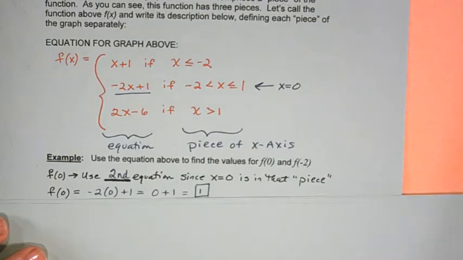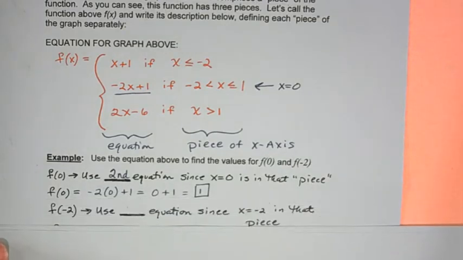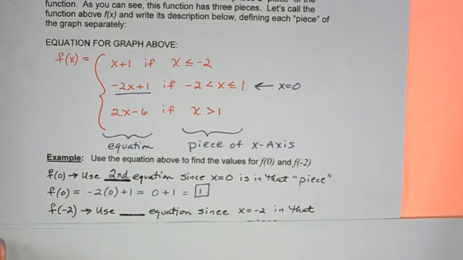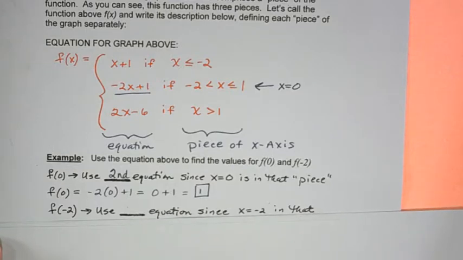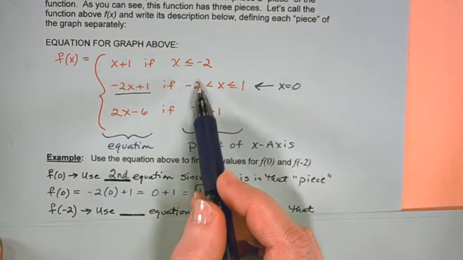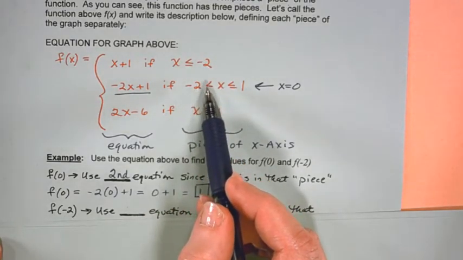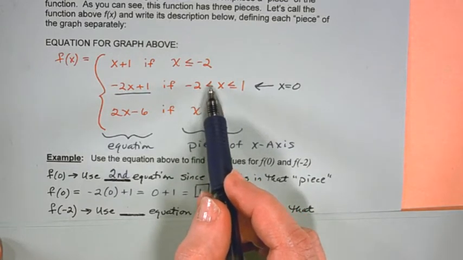Let's do the same thing for the next function value, f of negative 2. Which equation am I going to use for f of negative 2? Well, look in the pieces, find out where negative 2 is. If you'll notice, I have negative 2 here twice. But in the middle piece, negative 2 is not included because I don't have an equal sign here.